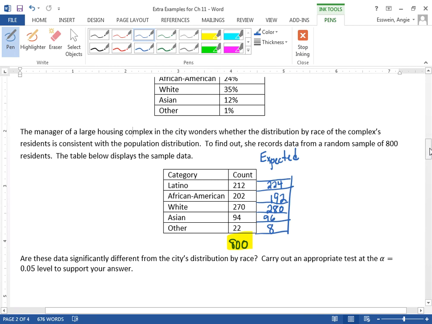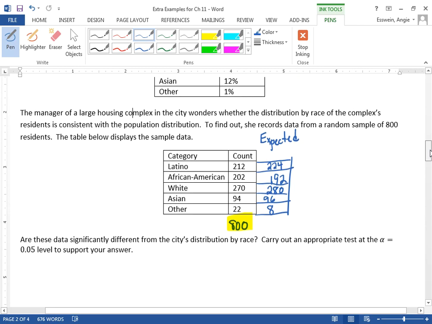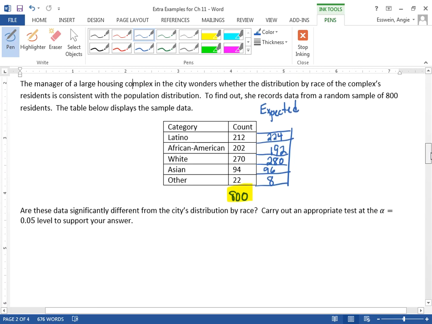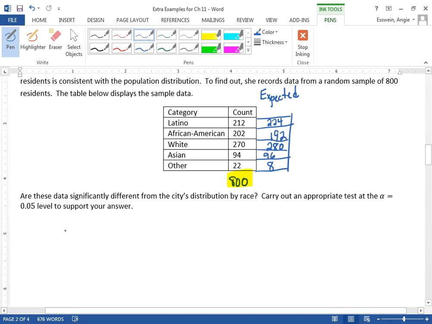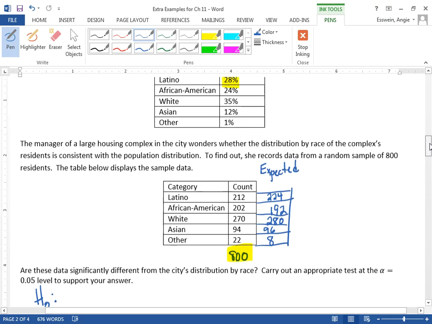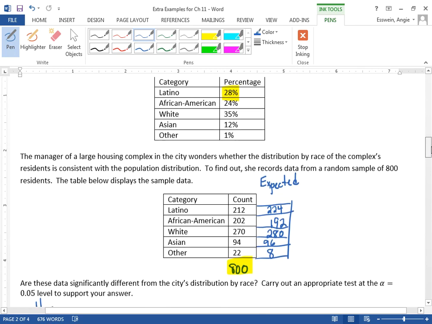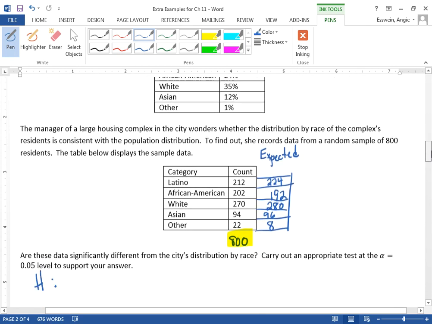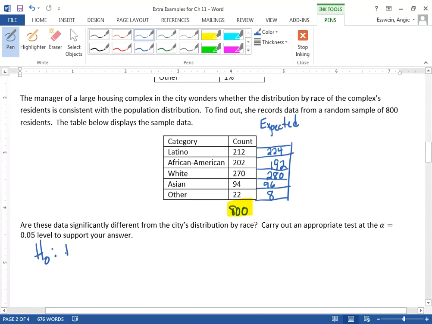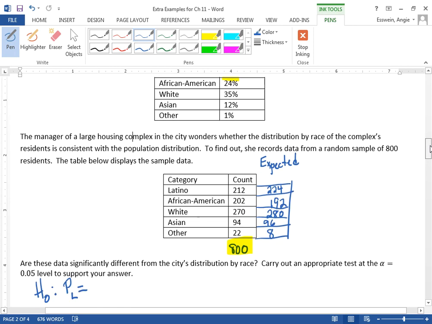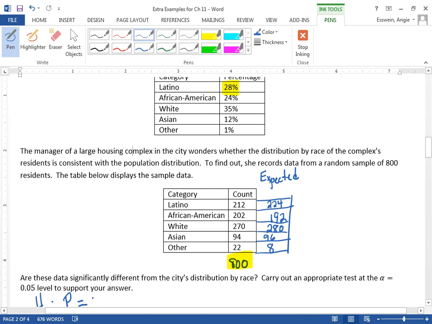So let's see. We use chi-square goodness of fit to see how far off we are from what we expect. So let's set up. The H-naught's going to look a little bit different than last time. We're not expecting them all to be the same, but we're expecting the distribution to be this. So we're expecting percentage Latino, I'll just use P sub L, to equal 0.28.